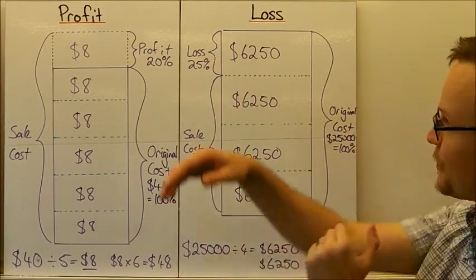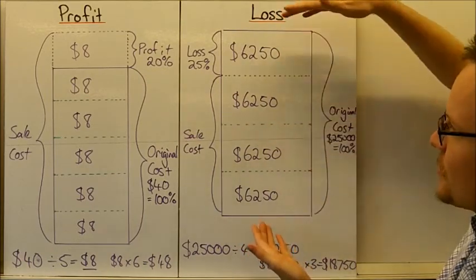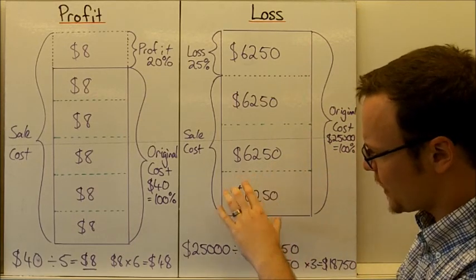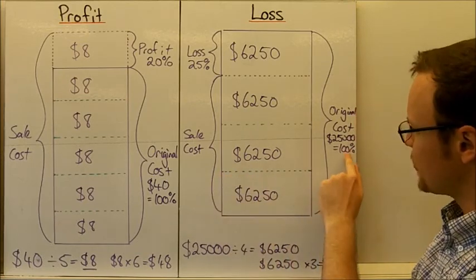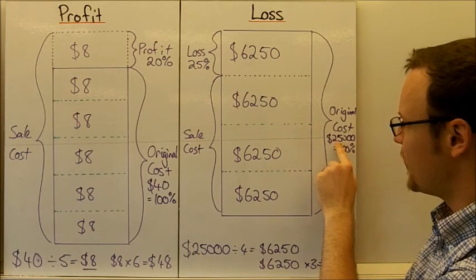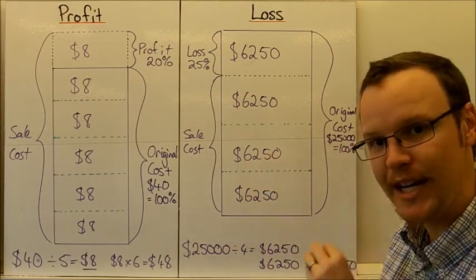So if we divide up our original cost into 25% chunks, so 4 chunks, each worth 25%, we could work out that each of the 25% chunks, because we've divided the 100% by 4 to get 25, we can divide $25,000 by 4 to see how much each chunk is.